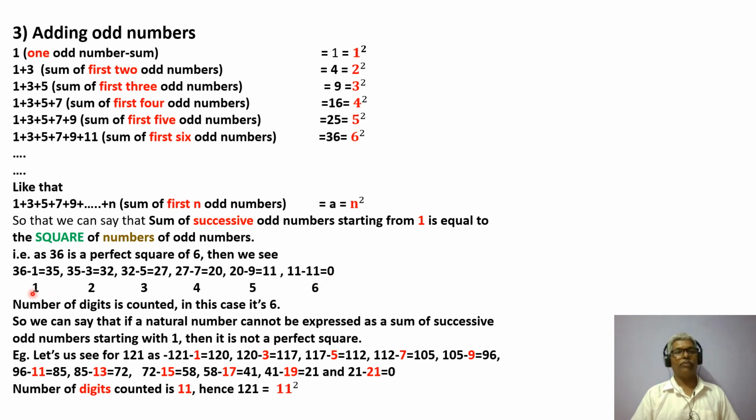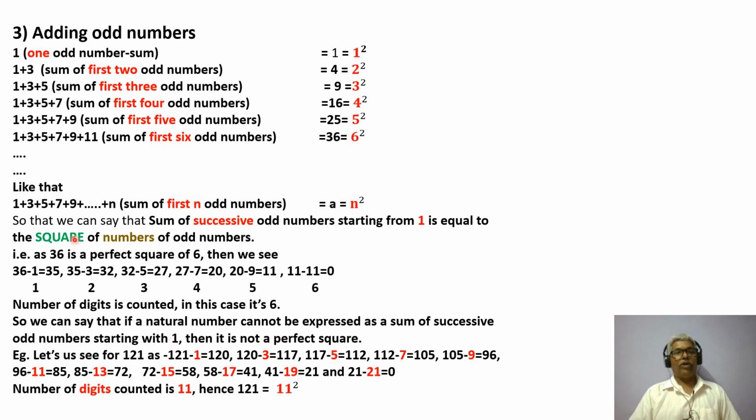So how many odd numbers? 1, 2, 3, 4, 5, 6. So it should be 6 square. We see the number of odd numbers counted is, in this case, 6. That square will be this number, provided you get 0 here. So we can say that if a natural number cannot be expressed as a sum of successive odd numbers starting from 1, then it is not a perfect square. Try to understand the meaning of this.